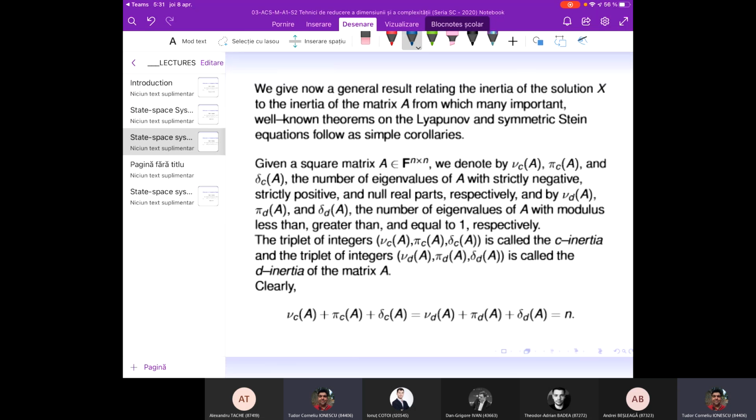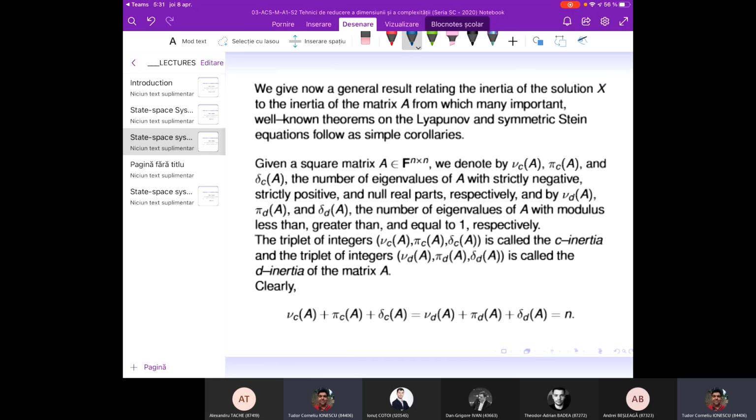And with D we denote the number of eigenvalues of A with absolute value less than, greater than, or equal to 1, respectively. This triplet of integers is called the C inertia or the D inertia, the continuous or the discrete inertia of a specific matrix.